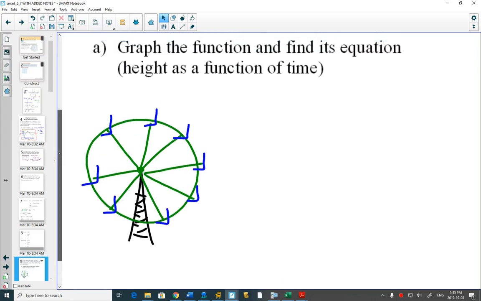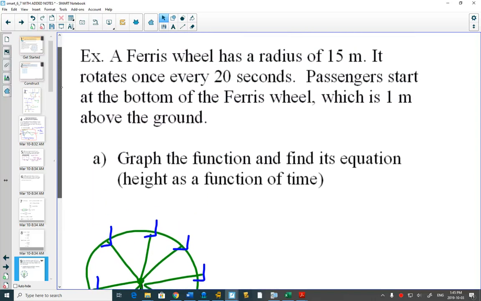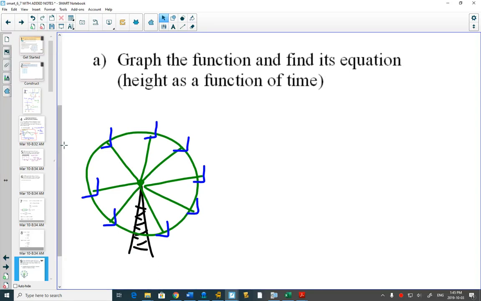So we've got our Ferris wheel, and we're given some information, and we need to graph it and find its equation. It has a radius of 15 meters, so we know from here to here is 15 meters. That would be the same from here to here is also 15 meters. We get on the Ferris wheel 1 meter above the ground.